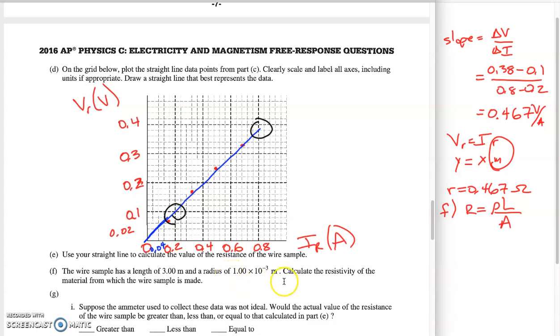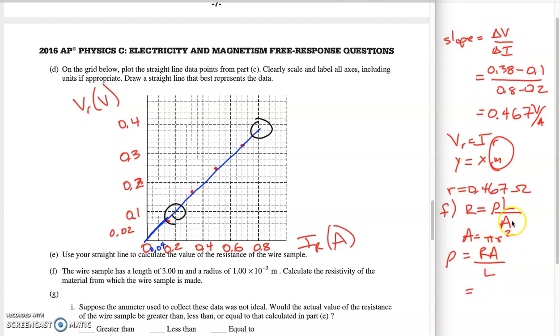They give us length, and they gave us the radius, and in this case, the area is going to be pi radius squared. Don't forget that you're going to be squaring the times 10 to the minus 3 also. So rearranging this, we will get resistance from the previous part, cross-sectional area over length.